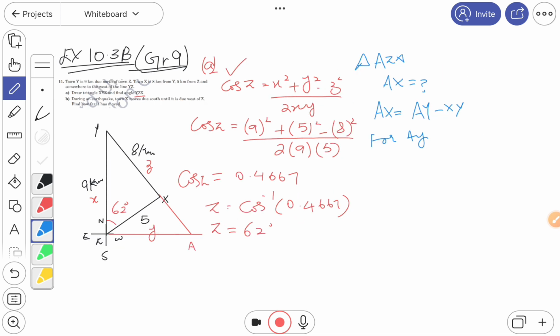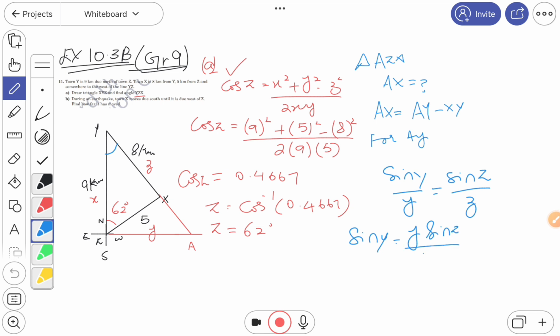For finding this angle, I can use the sine rule or the cosine rule; it's my own choice. So sine Y over small y equals sine Z over z, because angle Z I already calculated from the cosine rule. Sine Y is equal to y sine Z over z. Now I'm going to put the values in this formula.